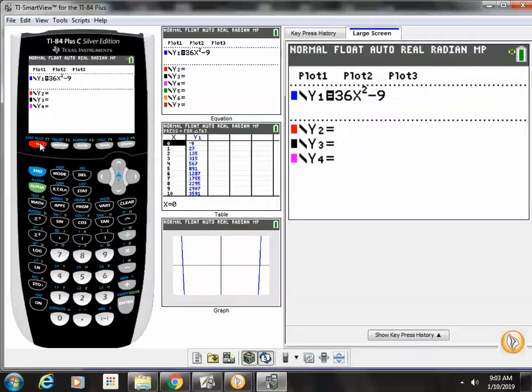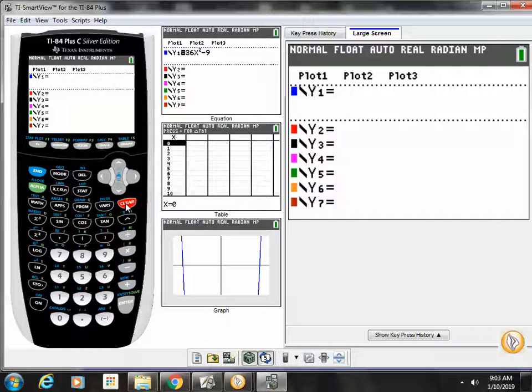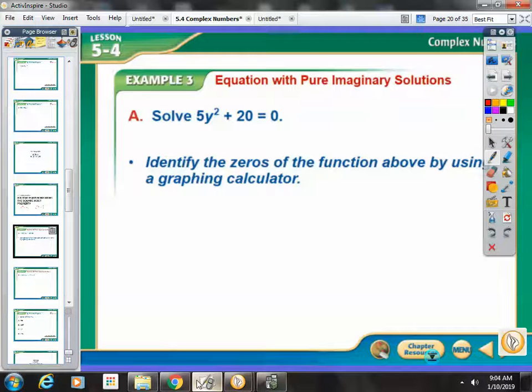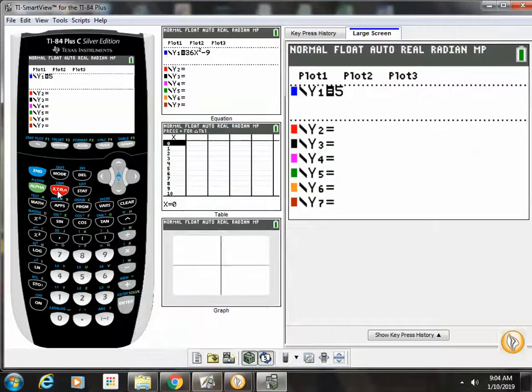So we're going to go to y equals. If there's anything typed in, go ahead and clear it out. We're typing in 5. I'm not going to use y. Let's just use x to keep it easy to type in. 5x squared plus 20.